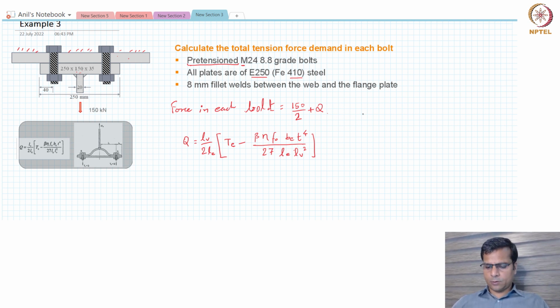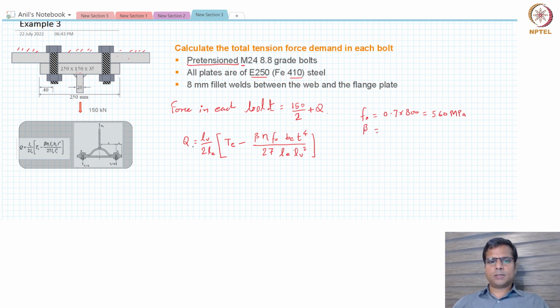Let's try to calculate the values of each of these factors. F0 here is the proof stress level, which is generally taken as 70% of the ultimate stress. The ultimate stress of the bolt is 800. Therefore, we will take it as 560 MPa.